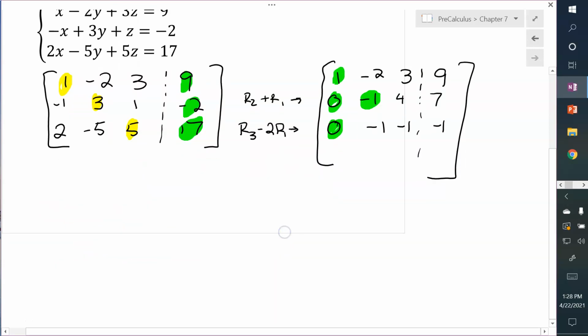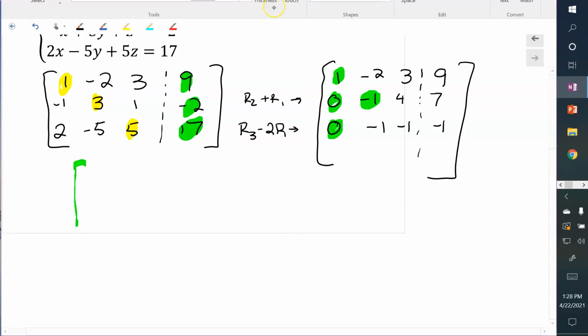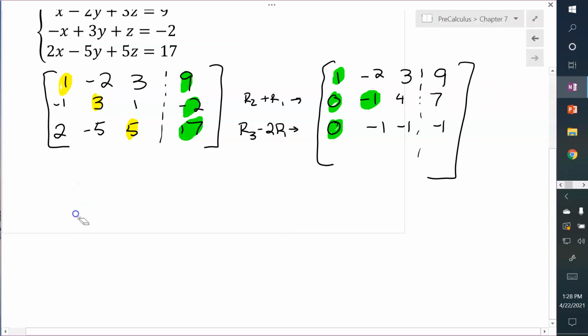All right, so now I'm going to take my most recent matrix. And what I want to do is this -1 that I highlighted in green, I want to make that a +1. So I'm going to do row 2 is negative row 2. So I have 1, -2, 3, 9.